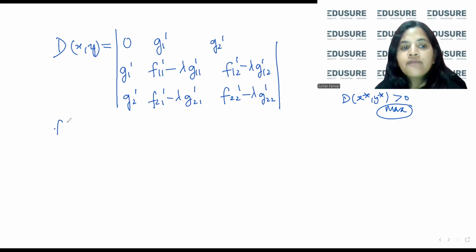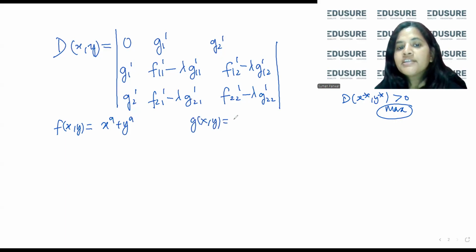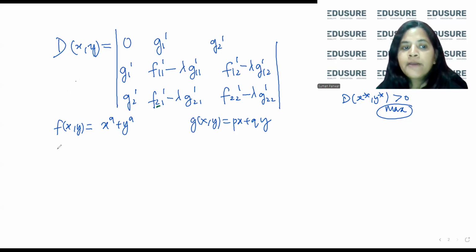So what is my f(x,y)? My f(x,y) is x^a + y^a. What is my g(x,y)? My g(x,y) is px + qy. One means differentiating with respect to x, two means differentiating with respect to y.